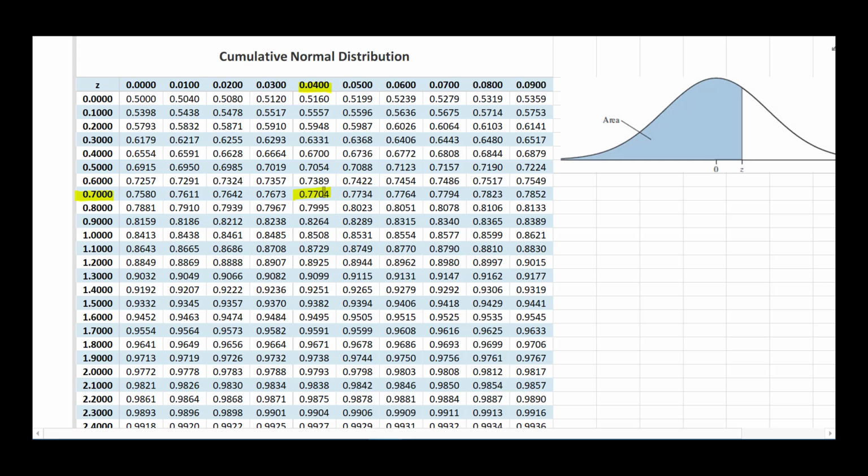Okay. And so, let's think carefully about what area this is giving. And we can look on our picture of our normal curve here. So what are the areas in the table? These are all the areas that are to the left of the value. So that will give me the area to the left of my particular z-score. And then I can subtract from 1 or whatever in order to get the area that I want. Okay, so we're going to remember that 0.7704.